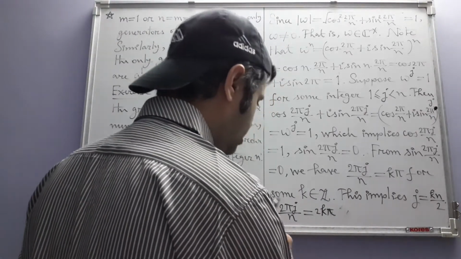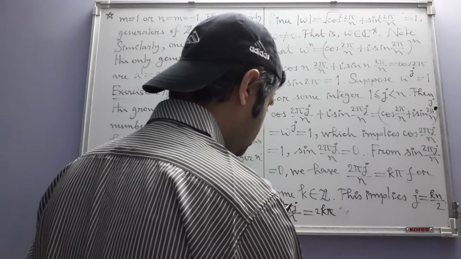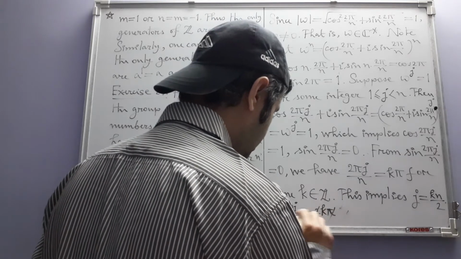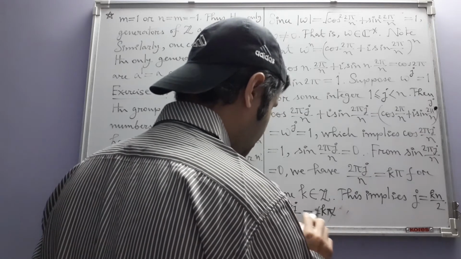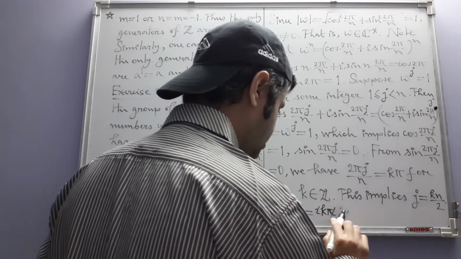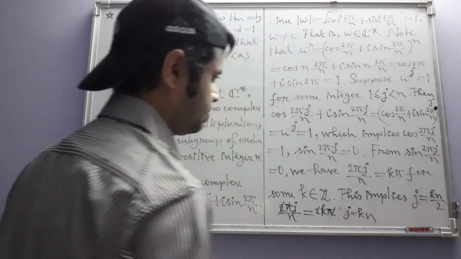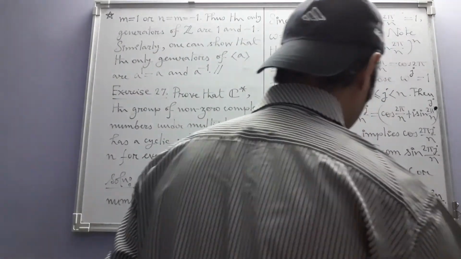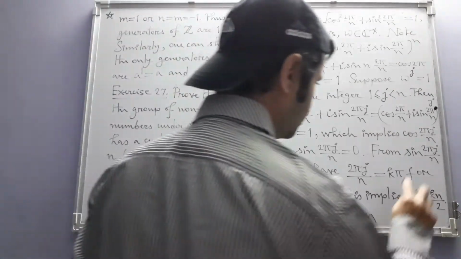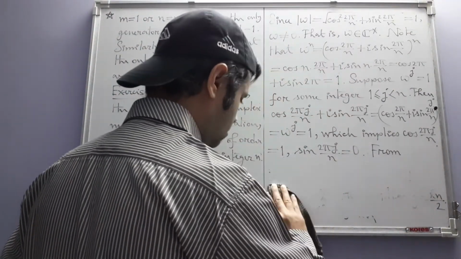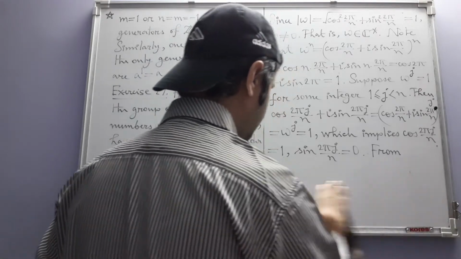So here 2 and 2 cancel, k and pi and pi also get cancelled. So j should be equal to k. Yes. The easier one doesn't give me anything. I have to use the first one.